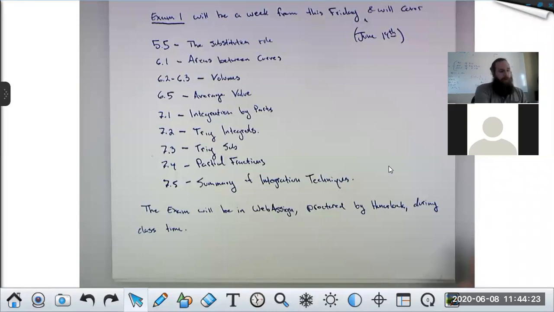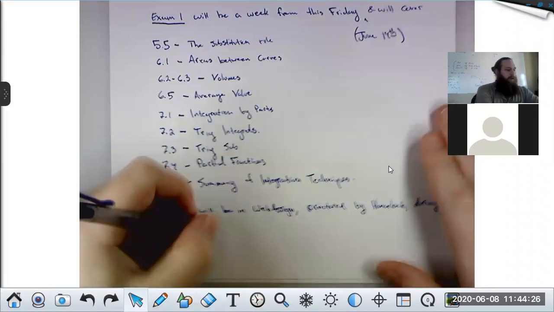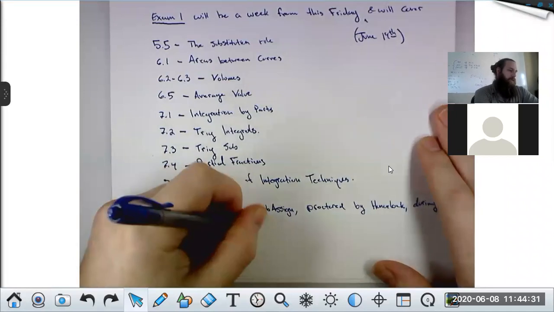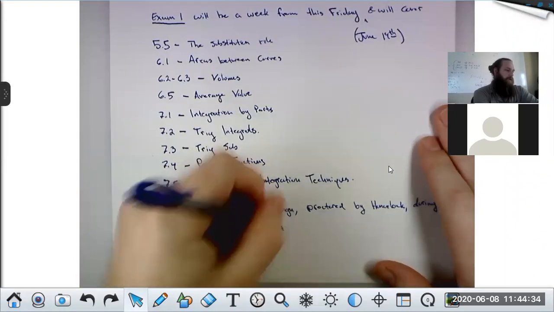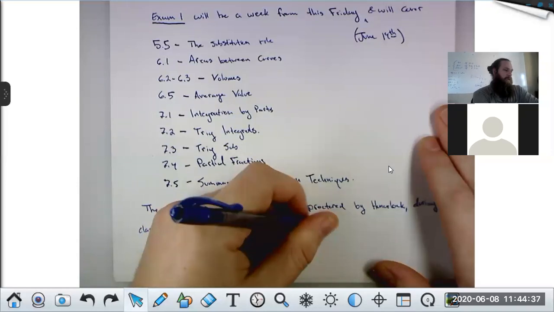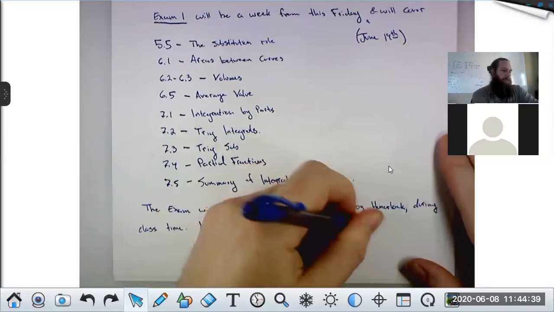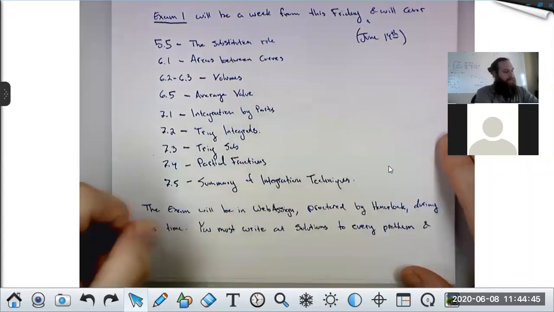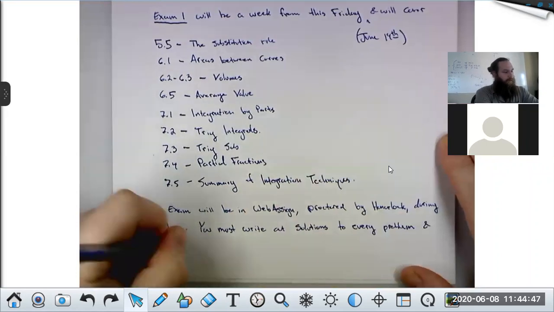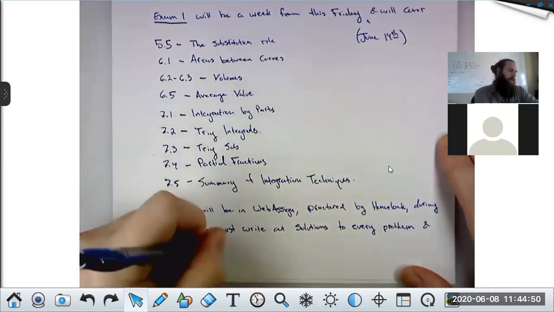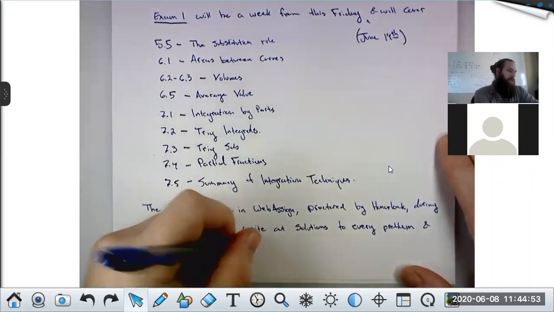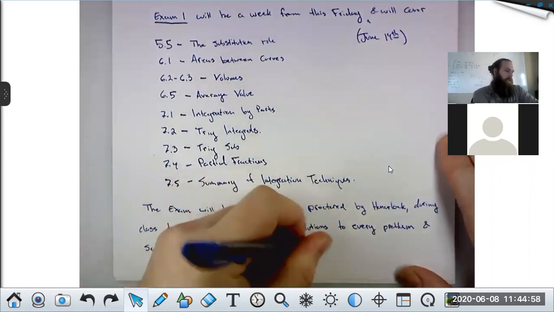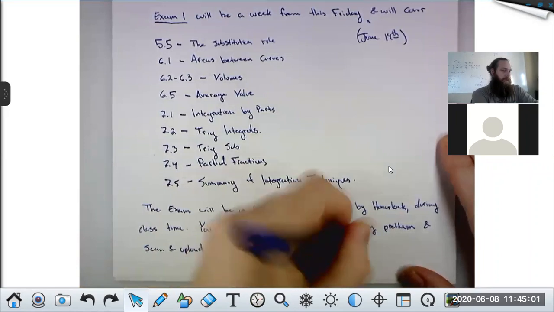The important thing for you to remember is that you must write out solutions to every problem, and then scan, upload your written work as soon as possible after finishing.